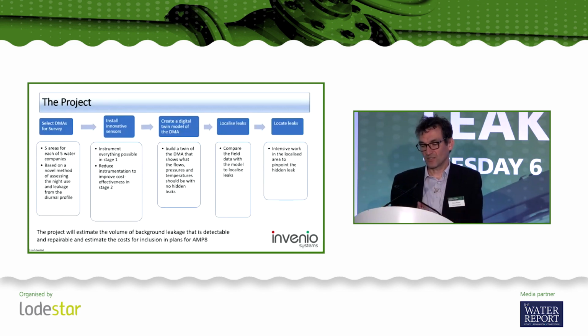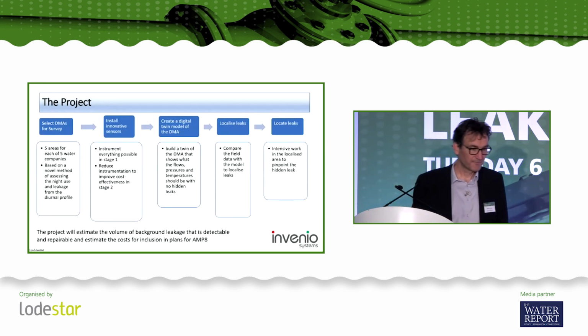Instead of all-mains modelling, this is an all-pipes model approach, where everything in that hydraulic network is modelled. We're using all of that to locate as many leaks as we can, and explain what that lowest achieved leakage in those DMAs actually consists of.